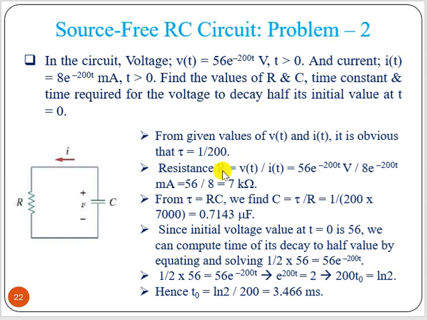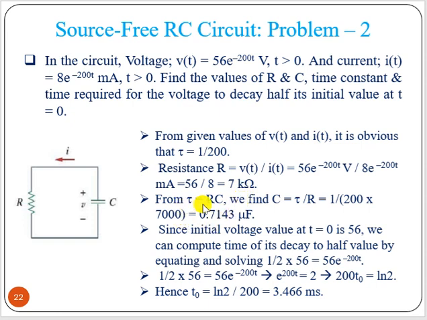So the resistance value is nothing but v(t) by i(t). We got the resistance value as 7 kilo ohm, because the current is given in milliampere, so milliampere in the denominator gives kilo ohm.